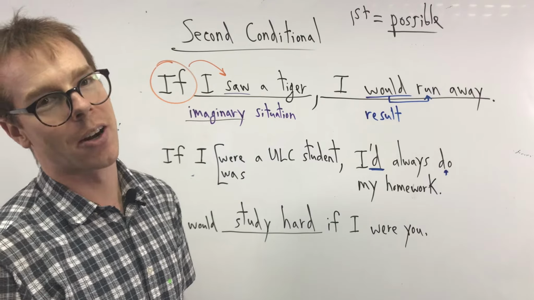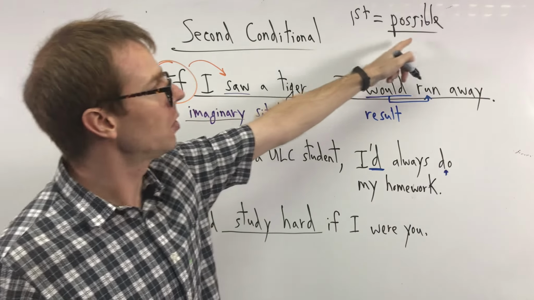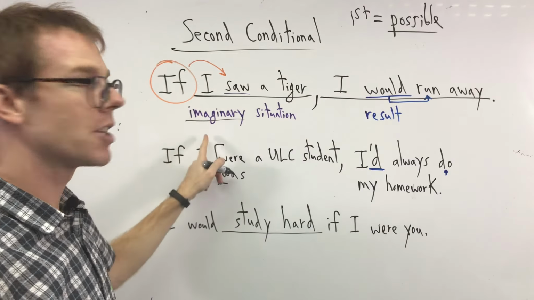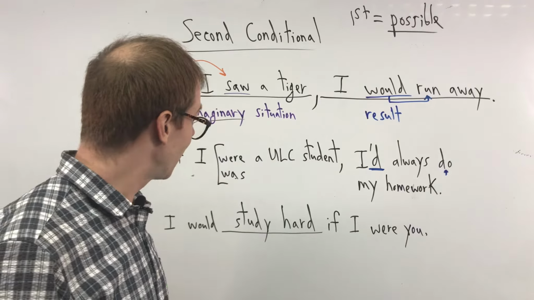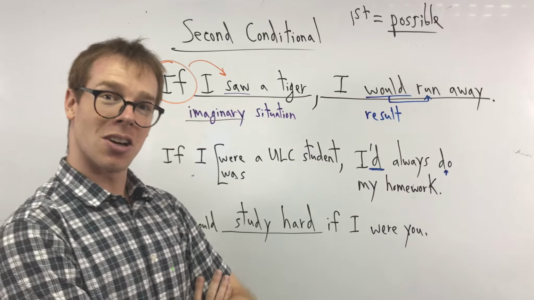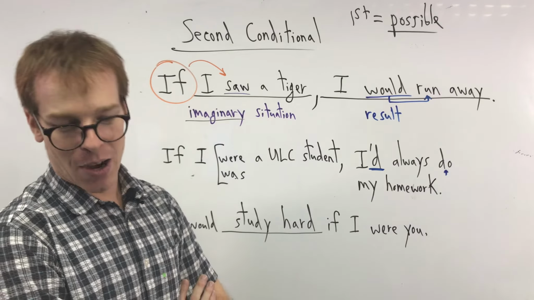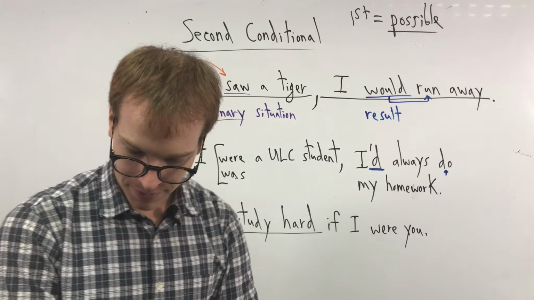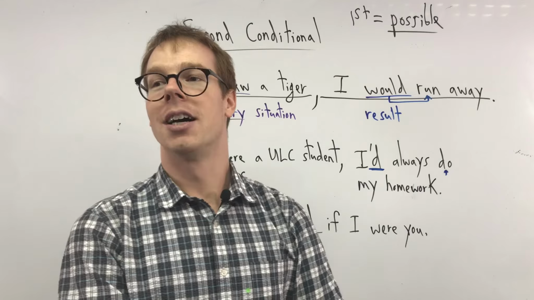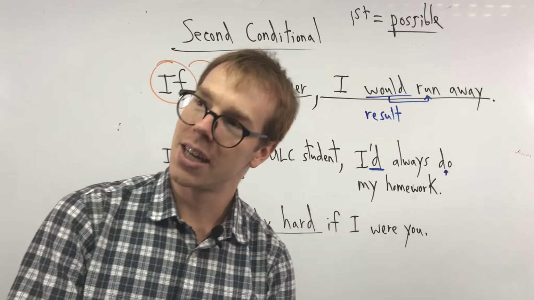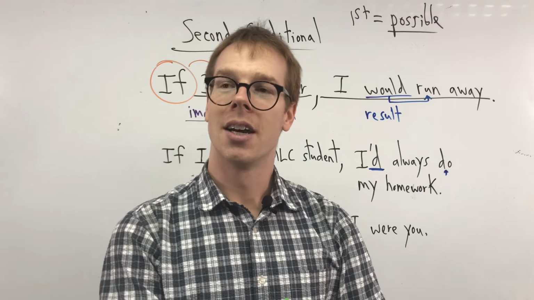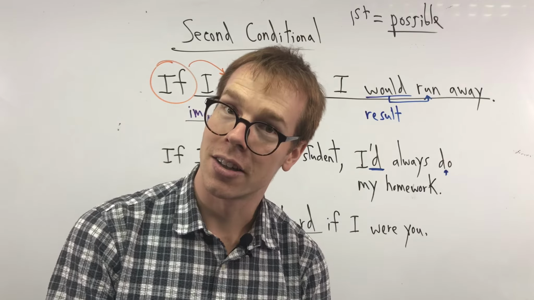Now imaginary, what's the difference between possible and imaginary? Well, imaginary is like this. If I saw a tiger, I would run away. Now, in my life, I live in Singapore. I go to work every morning. I come to the school. Will I see a tiger?